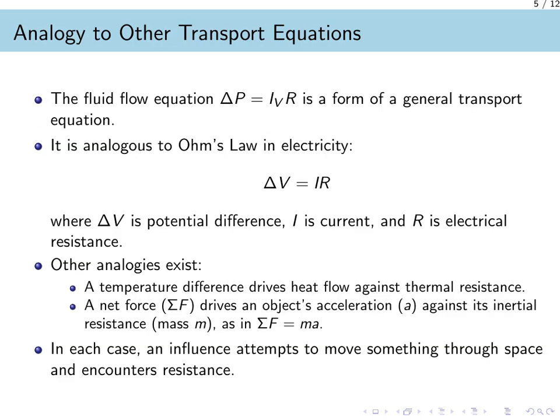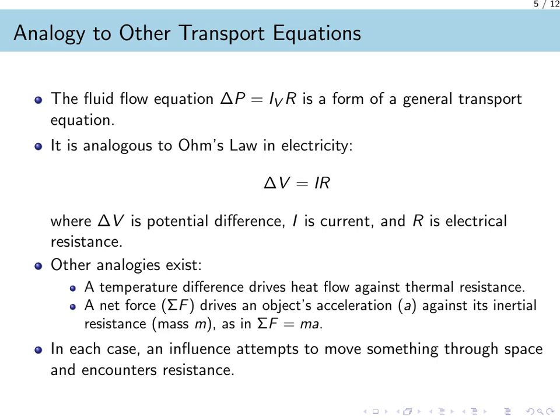The equation for fluid flow is a powerful example of a general concept in physics, known as a transport equation. Understanding this pattern allows us to see deep connections between different physical phenomena. The basic structure of these equations is that a driving influence causes a flow, and this flow is impeded by a resistance.